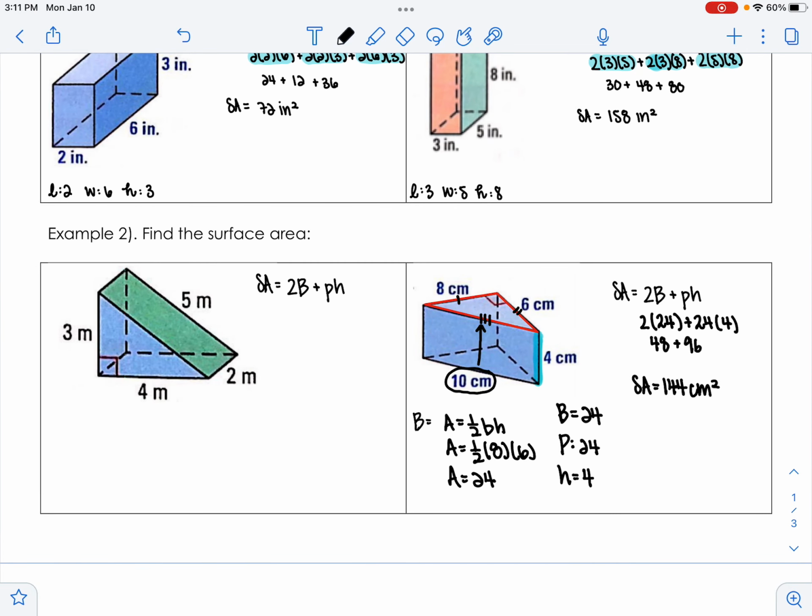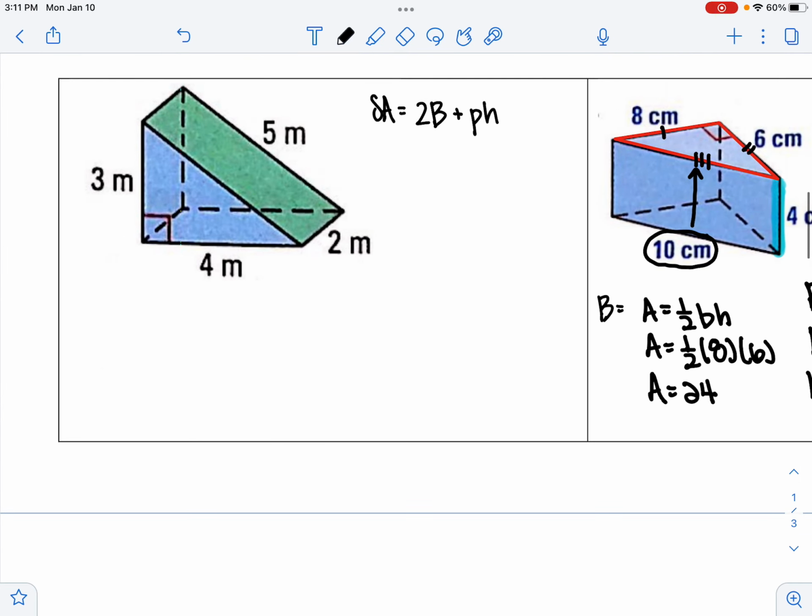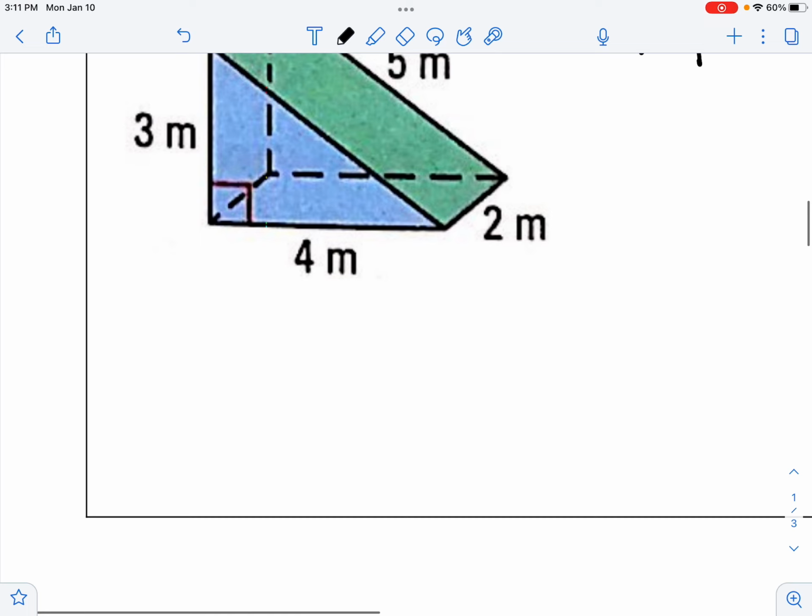Now I'm going to come back to example 2, and we're going to do the exact same thing, but the problem here is that it's now on the rectangle. That's hard because we have to picture it as if it is on the triangle. So let's start by finding our big B. Remember, our big B is the area of the triangle.